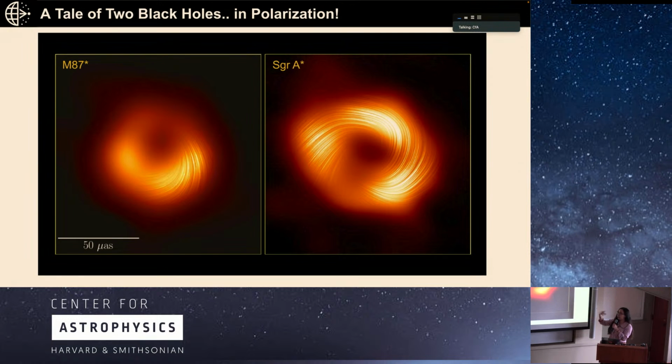So this mechanism is broadly agreed upon to be what's launching these jets in these black holes, but we're slowly building up evidence through observations that this really might be the real mechanism.